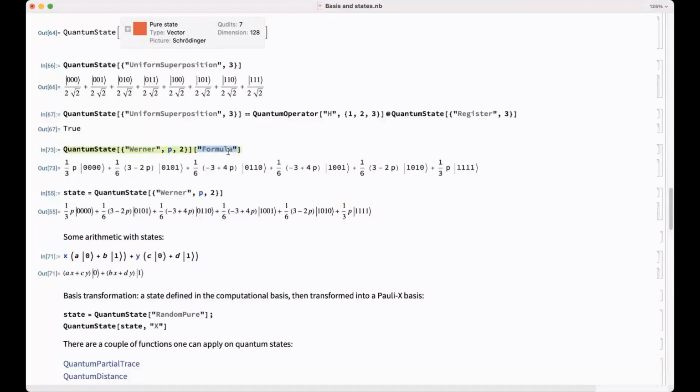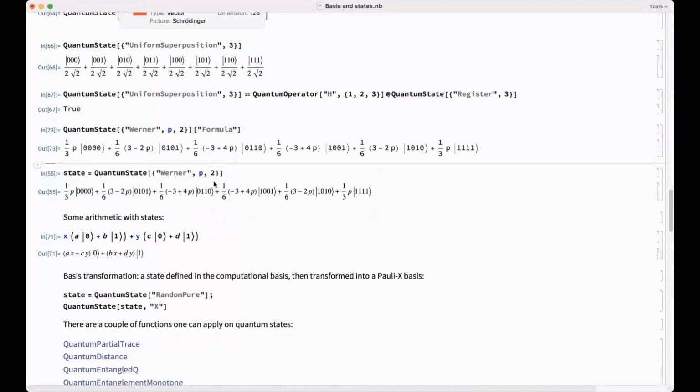It basically shows you the formula for the underlying state or operator or measurement operator, channel, and so on. Maybe an exception is a quantum circuit: for a quantum circuit, traditional form is just a diagram. And there are no other forms.